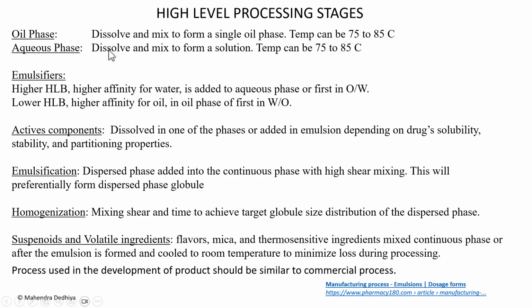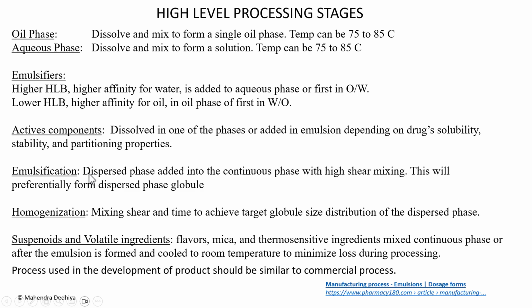For the aqueous phase, dissolve and mix all the aqueous components to form a solution, and the temperature can range from 75 to 85 degrees. Emulsifiers are added either in the oil phase or the aqueous phase, depending on their solubility. Active components are dissolved in one of the phases, again depending on the drug solubility and its intended use.